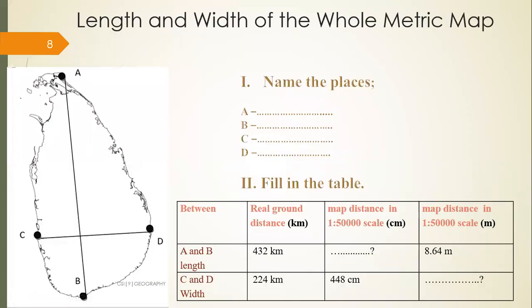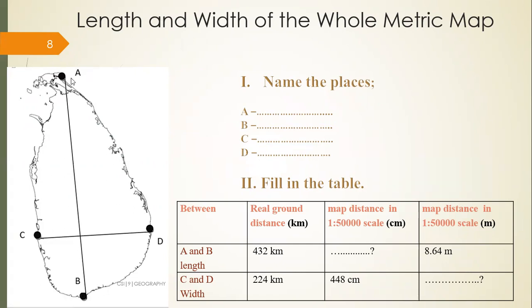So for the 1 to 50,000 topographic map, the length and the width of the whole map can be given in this way, whole map, right? Not the map sheets. This is about the whole map. The names of the places A, B, C, D. I guess that you can remember.